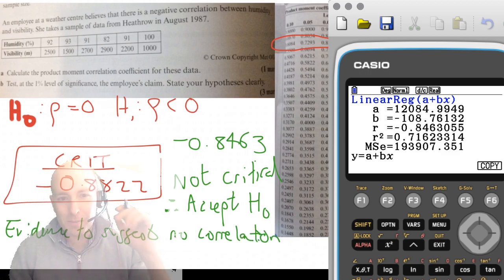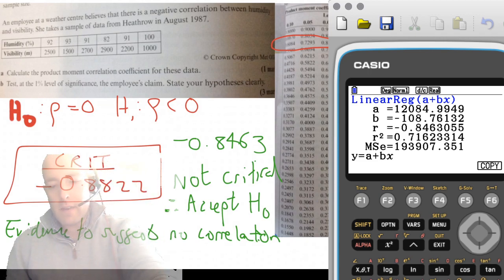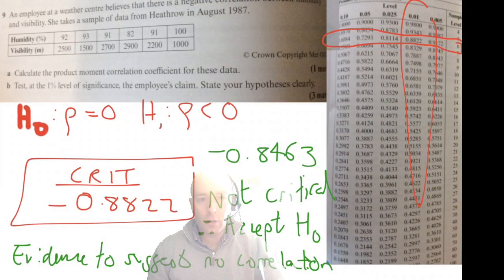Sorry guys, I put the mic on my head again. Did you get all that? So worked it out. Not critical. Therefore, we accept H naught. So there's evidence to suggest no correlation between humidity and visibility.